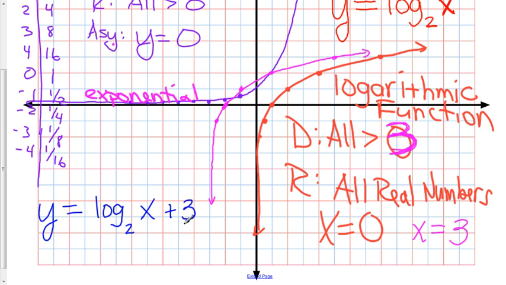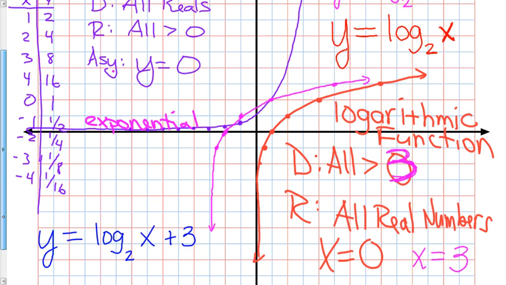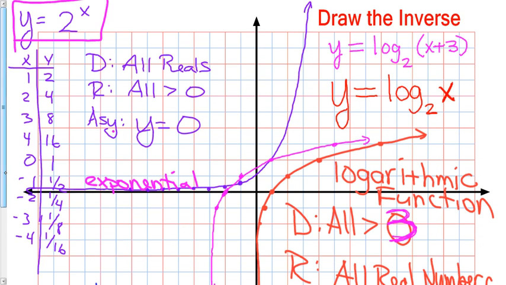Now this is not with the x because it's not in parentheses, so that is affecting your y values. So that is going to shift it up 3. So those coordinates would be up 3, and so on and so forth, and it would look like so.